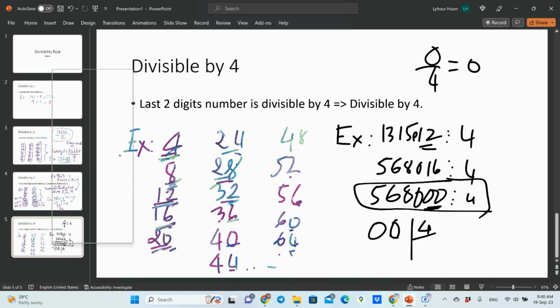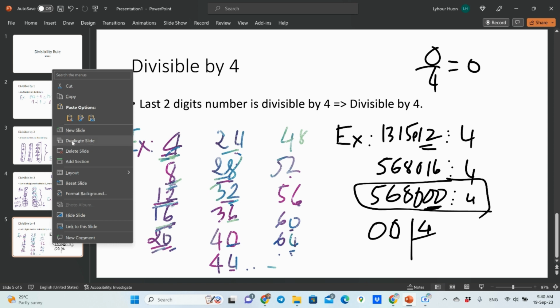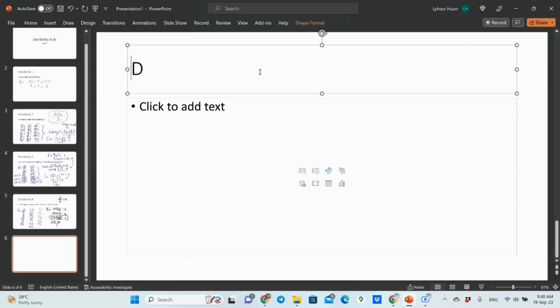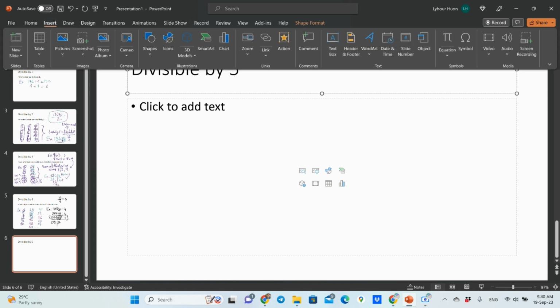So we move on to the next one. After divisible by 1, 2, 3, 4, now divisible by 5. This is not very hard. This is quite easy.